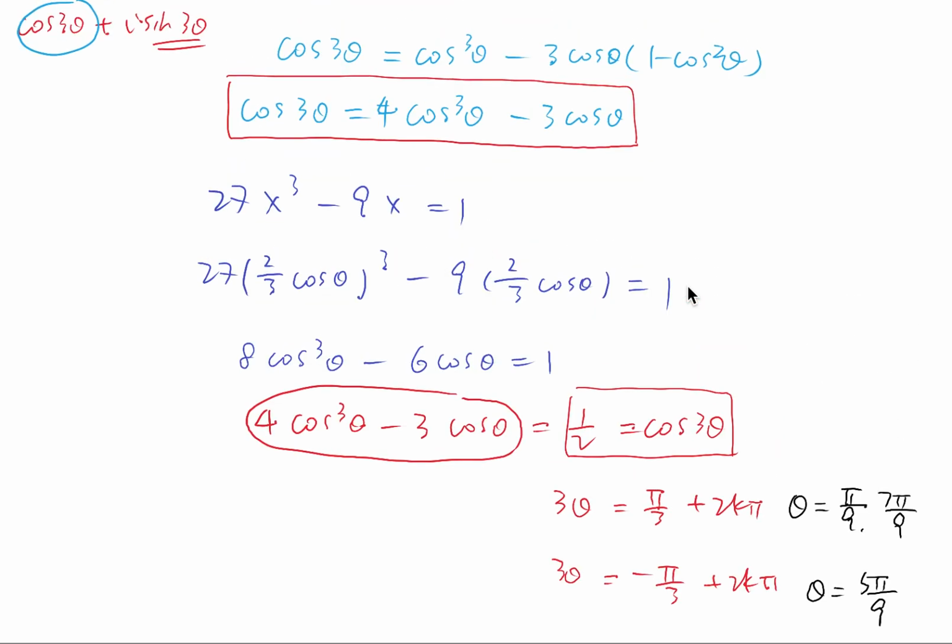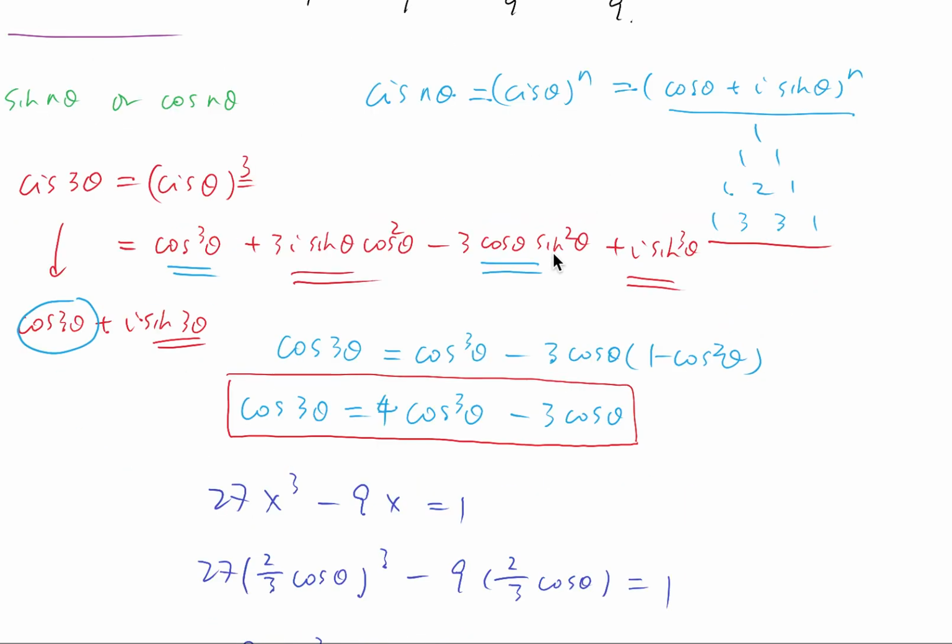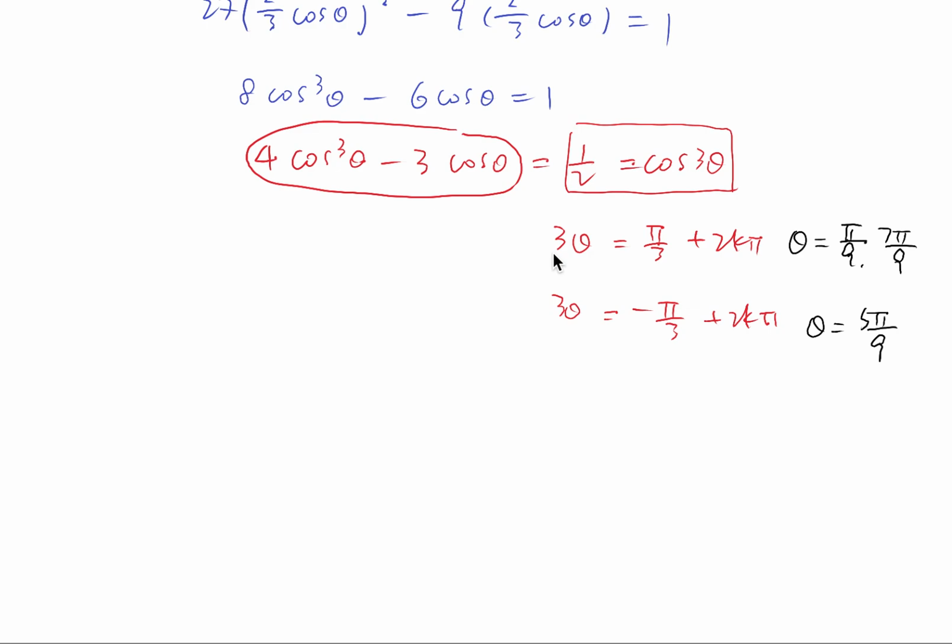And then the last part asks you to find cos pi over 9, cos 3 pi over 9, cos 5 pi over 9, and cos 7 pi over 9. So just copy them down first.